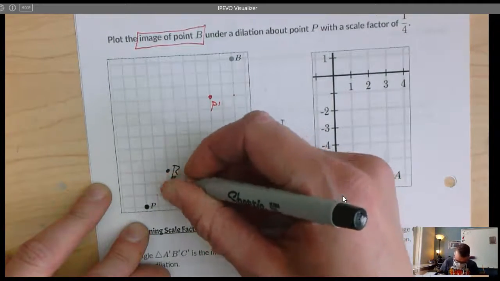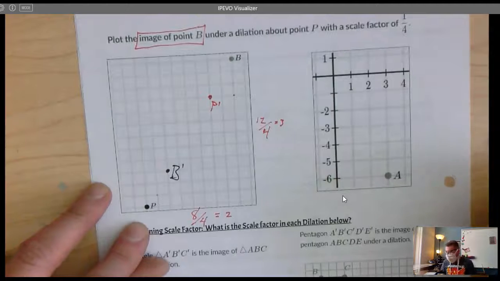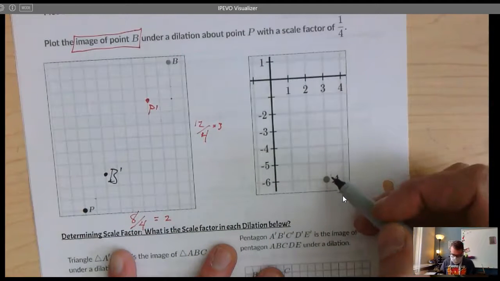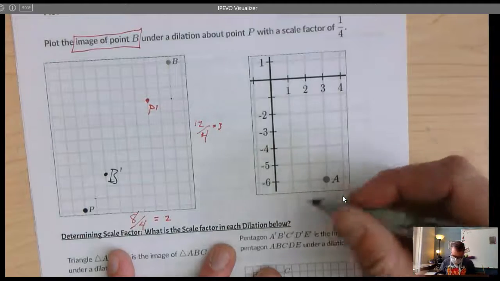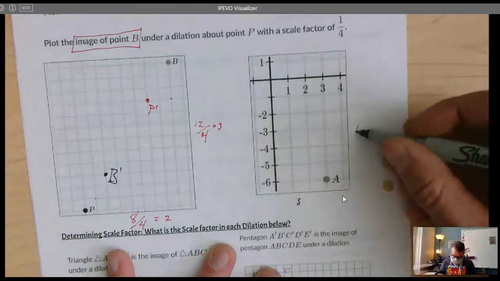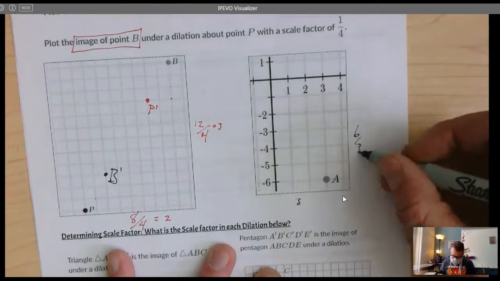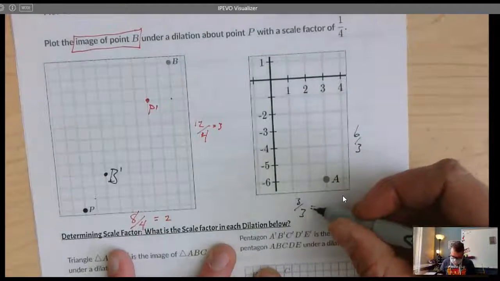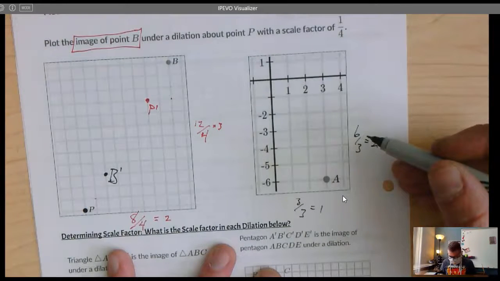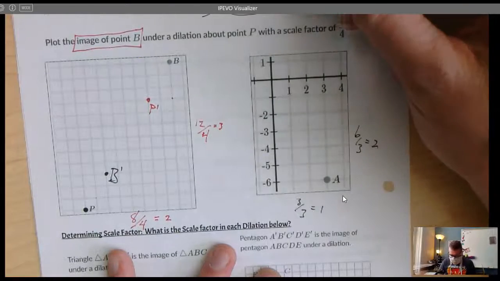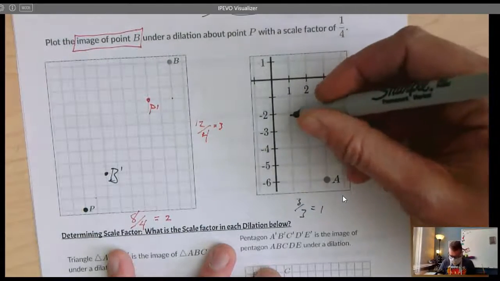And that's actually B prime. Over here, same deal, except it's a scale factor of 1/3. So since this one's 3, this one's 6. We get 1 and 2. And that's from the origin, so that feels a little easier.